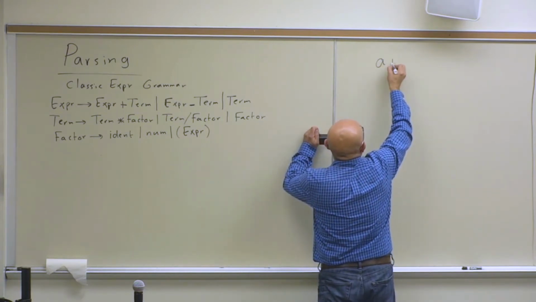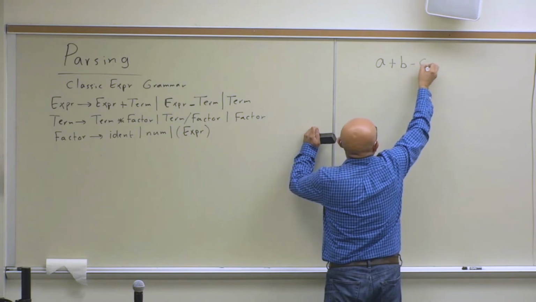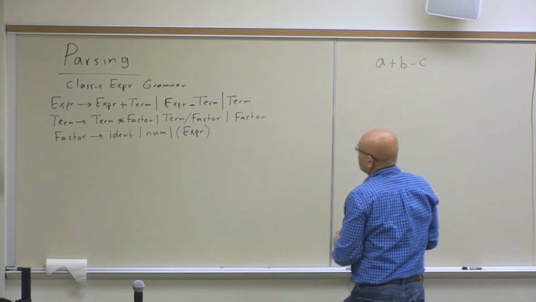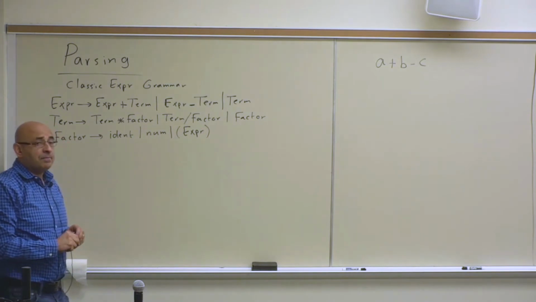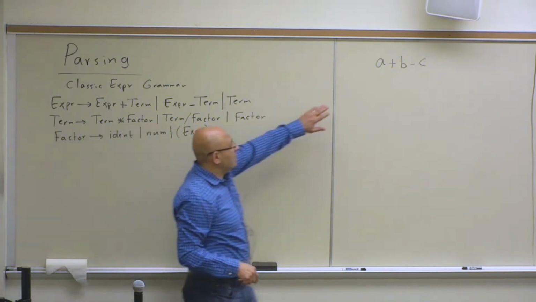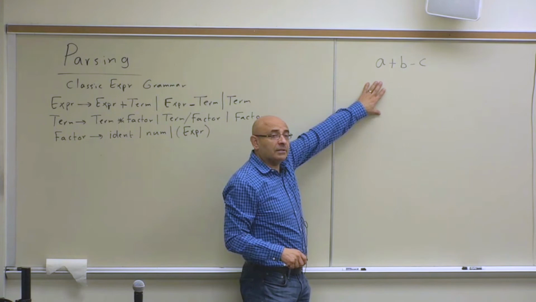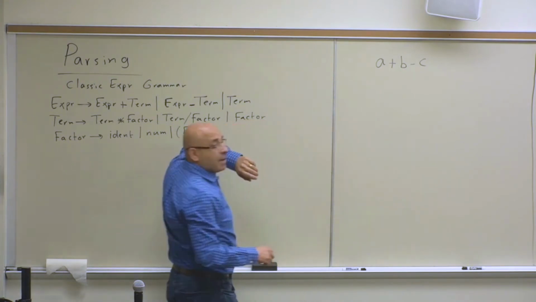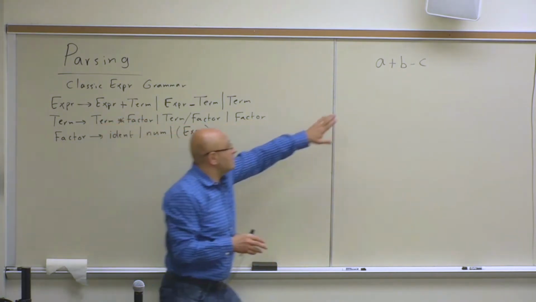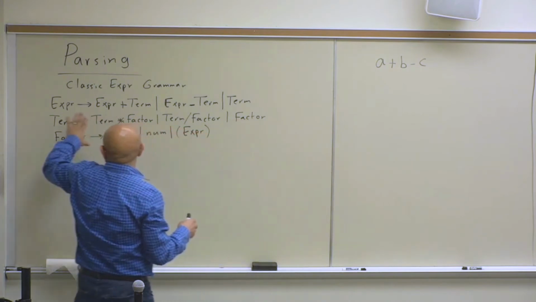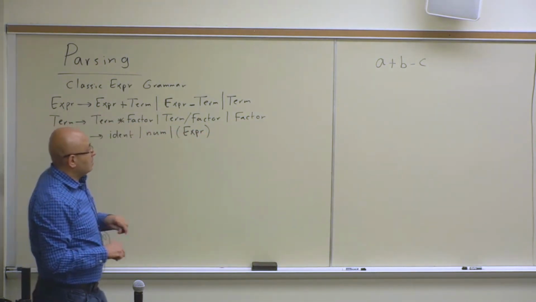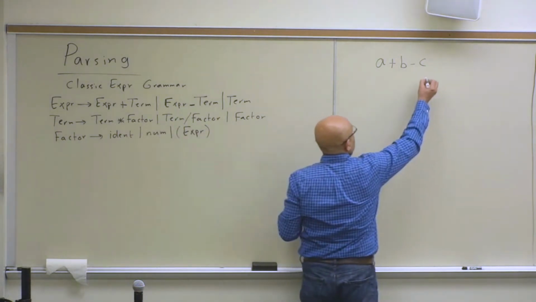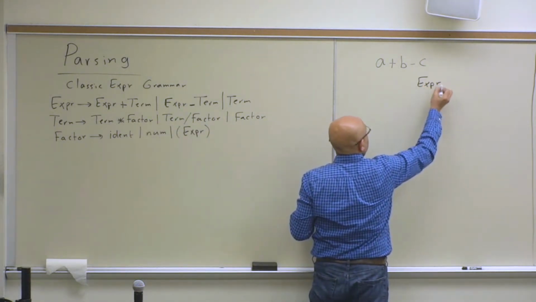So let's look at this string: A plus B minus C. Of course, we can come up with a derivation manually for this. We look at this string, and we look at this grammar, and then we can find the derivation. We start at the start symbol expression.